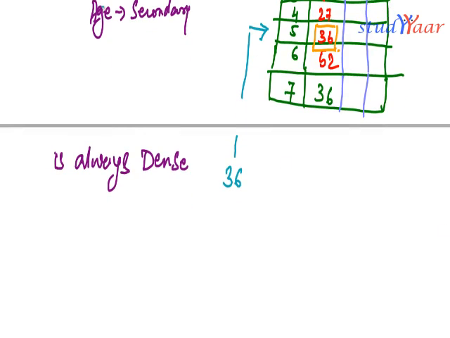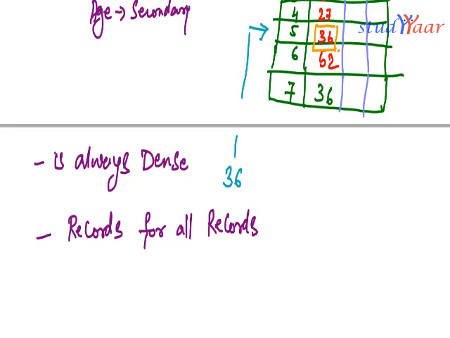Therefore, a secondary index is having an entry for all records with same search key value.